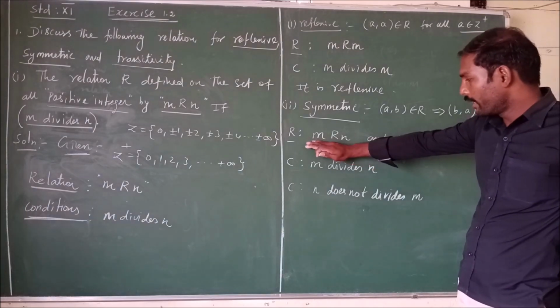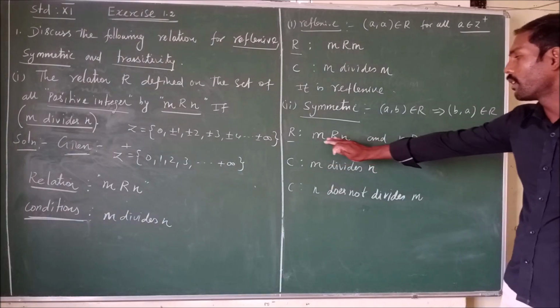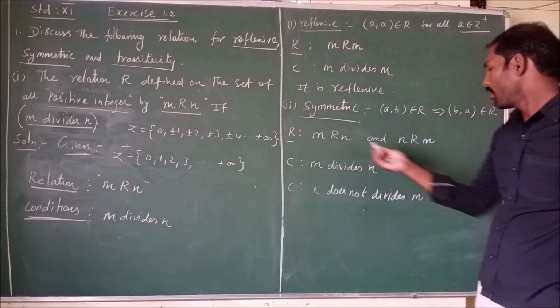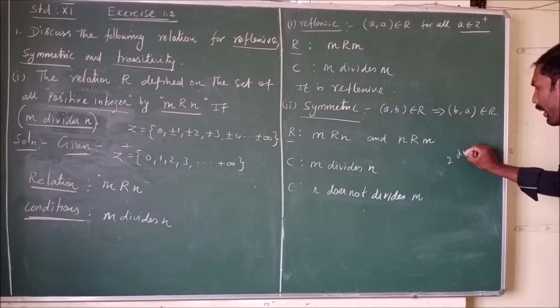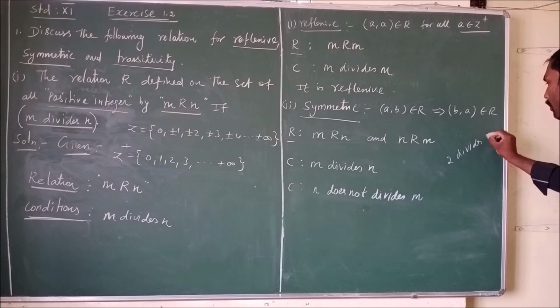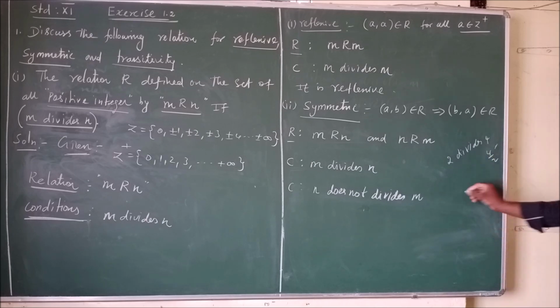Check the relation for this condition. Take any two numbers, for example, m is 2. 2 divides 4, so 4 by 2 is satisfied. But 4 divides 2, that is 2 by 4, is not satisfied.